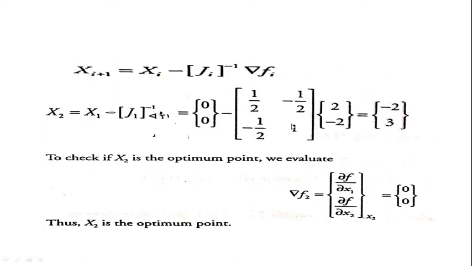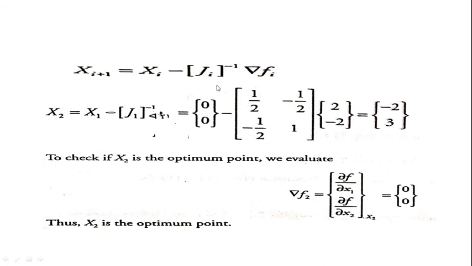Now we already calculated the J matrix inverse. We also calculated del f1, and the x1 value is already given. So to calculate x2, x2 is equal to x1 minus inverse of J1 into del f1. The x1 value is given in the problem, that is 0, 0, minus inverse of J1, which is 1 by 2, minus 1 by 2, minus 1 by 2 and 1, and del f1 is 2 and minus 2, which we already calculated in the earlier slide.